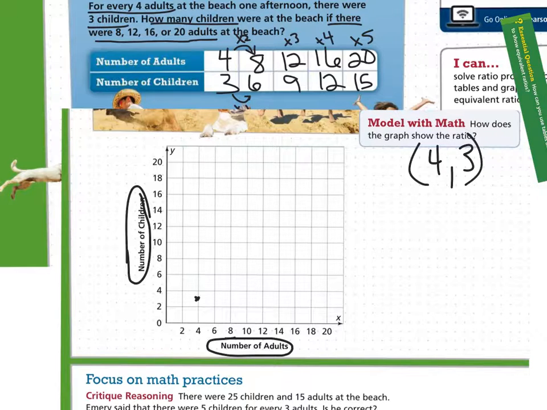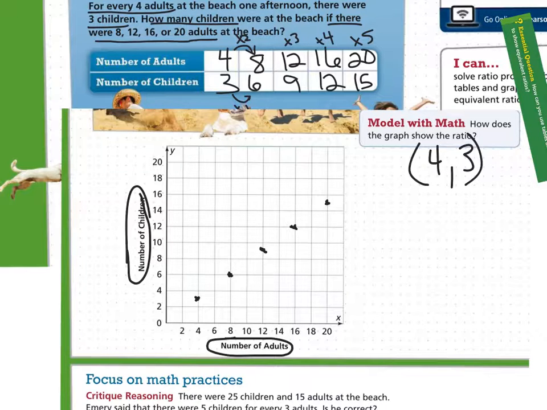And then we can do 8 adults, 6 children, 12 adults, 9 children. 9 would be in between the 8 and the 10. 16 and 12. And 20 and 15. Okay.